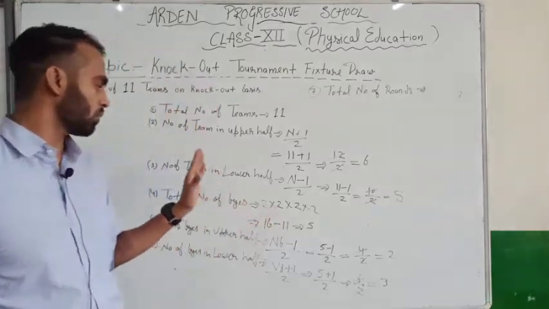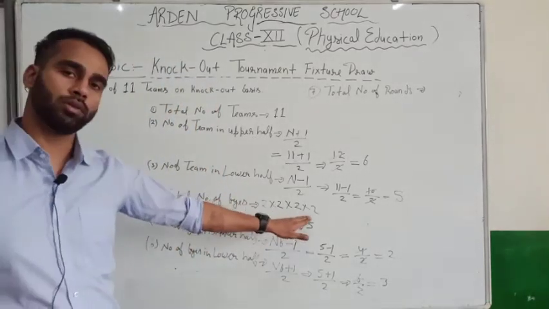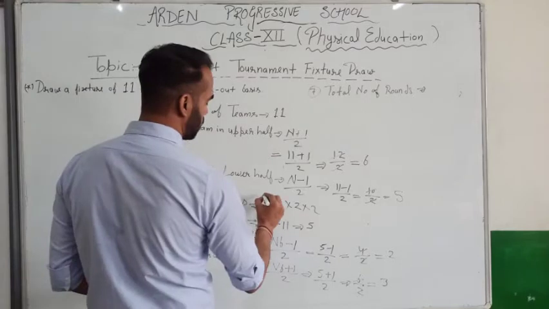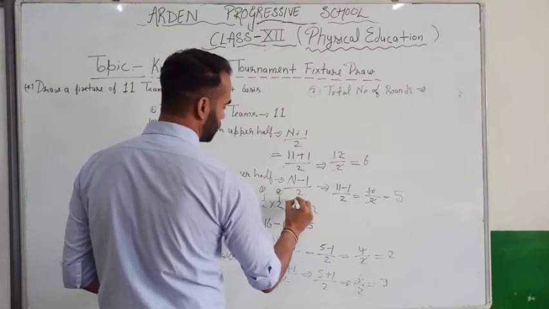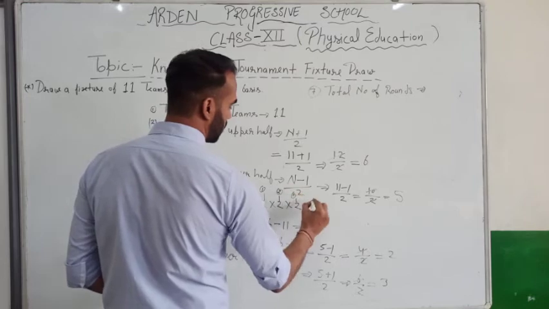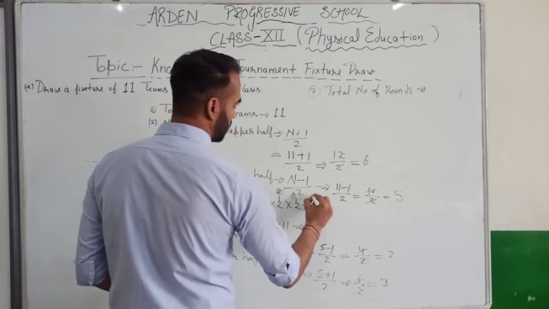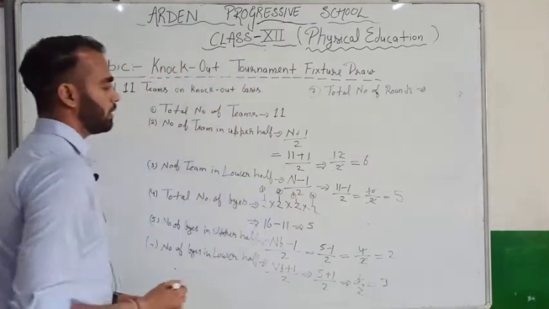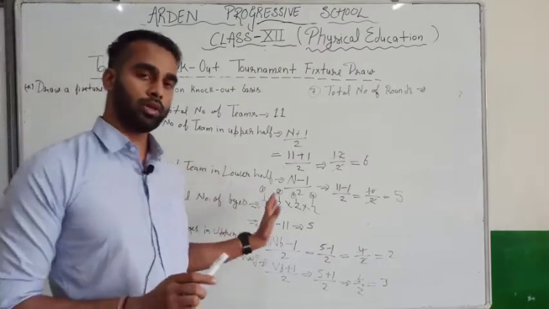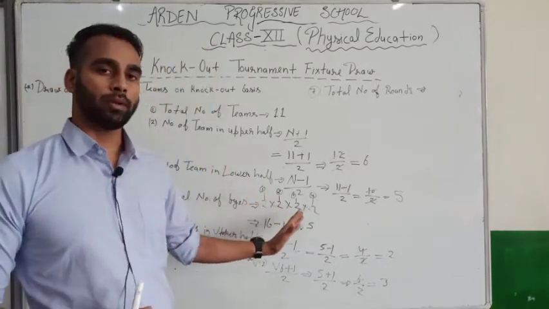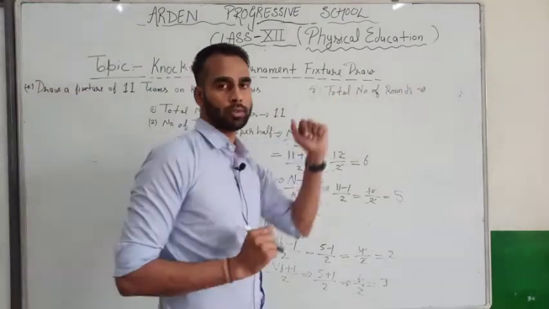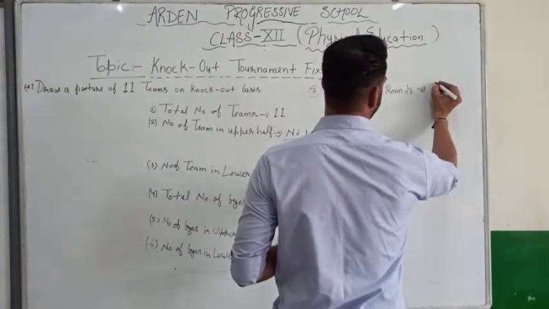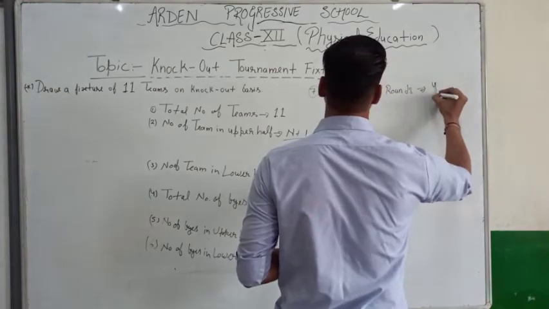Okay, so how many 2s are there? Okay, so it is 1, 2, 3 and 4. Okay, so we are using four 2s. Basically these four 2s are the number of rounds. Okay, so there are 4 rounds. The total number of rounds is 4.